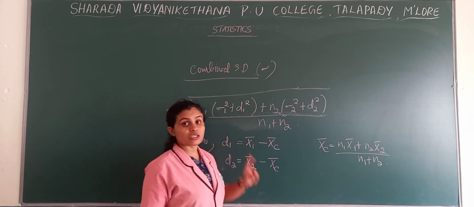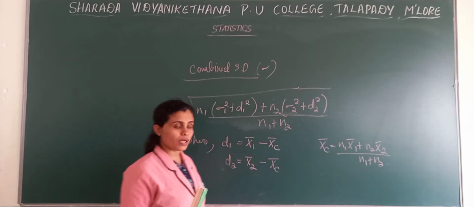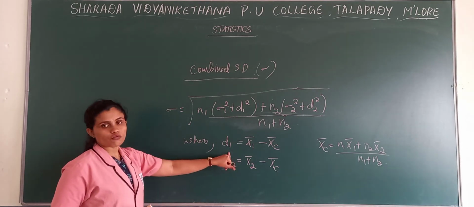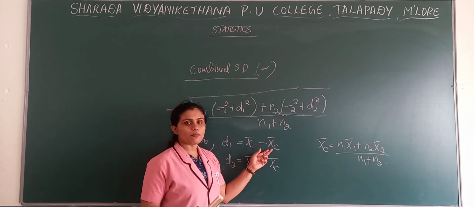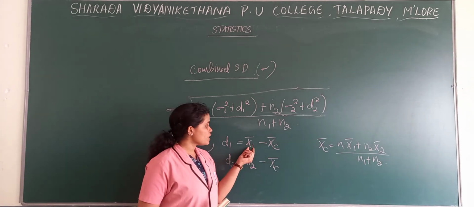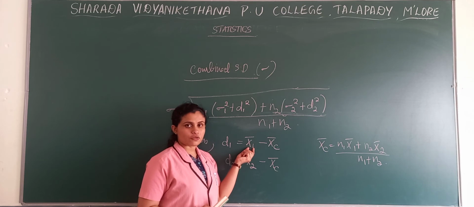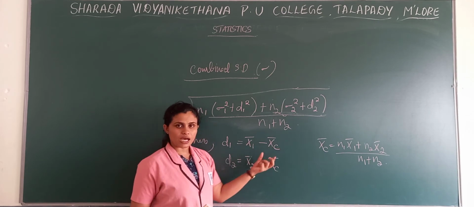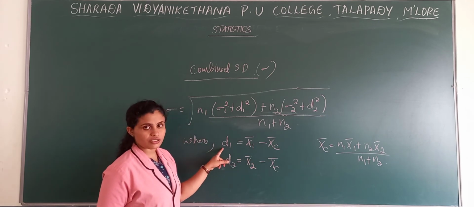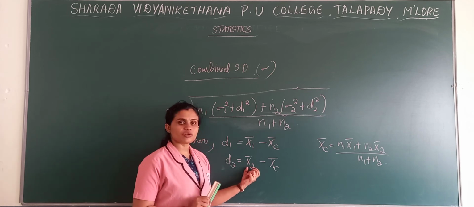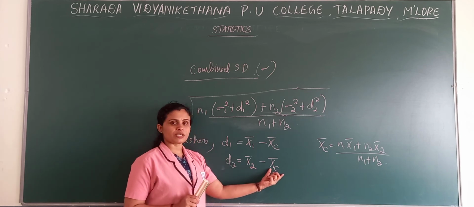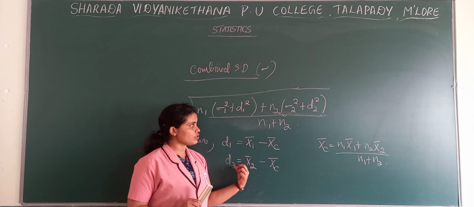Then deviations. What is the deviation? Deviation is nothing but differences. Differences of what? Differences from their combined arithmetic mean. So here the mean of first set of observation minus combined arithmetic mean, we get the first deviation. The mean of second observation minus the combined arithmetic mean, we get the second deviation.